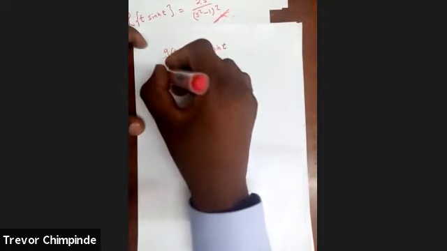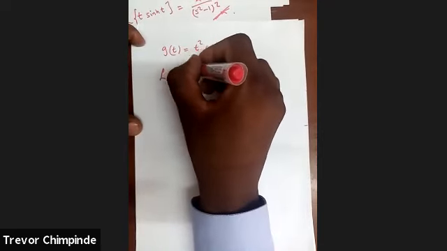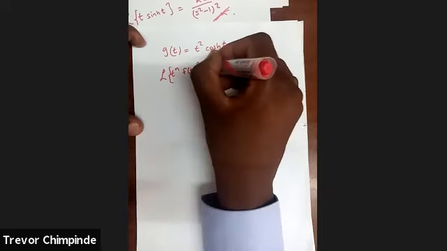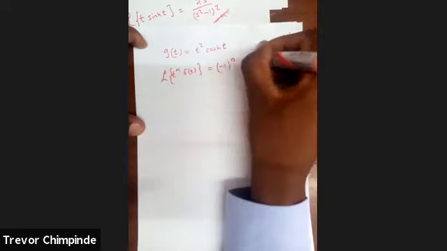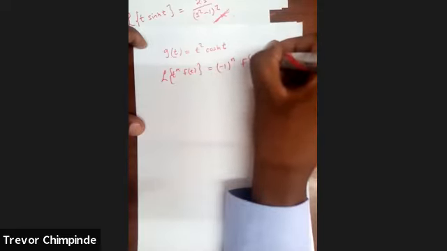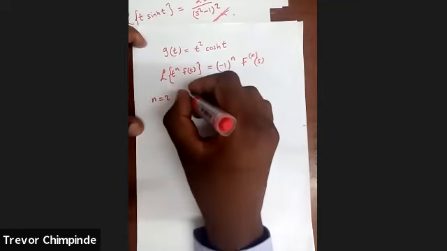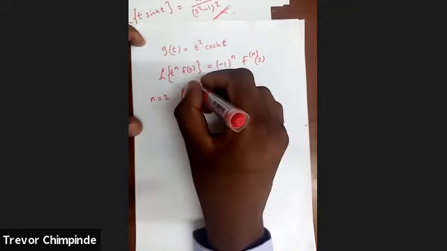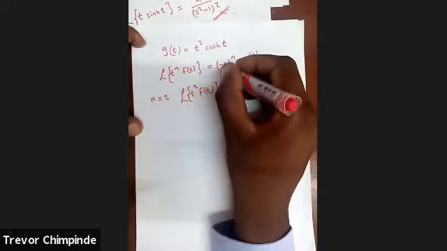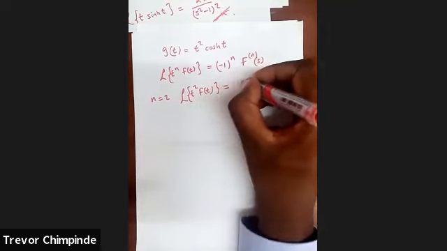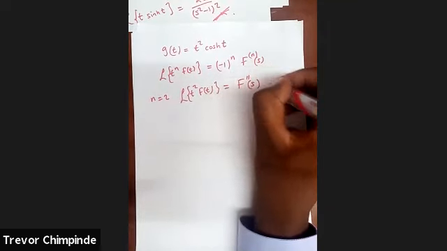So just to restate the theorem, the Laplace of t to the n f of t is equal to -1 to the n f to the n of s. In our case, n is 2. So when n is 2, what do we get? We get that the Laplace of t squared f of t is -1 to the 2, which is 1. And this becomes f double prime of s.